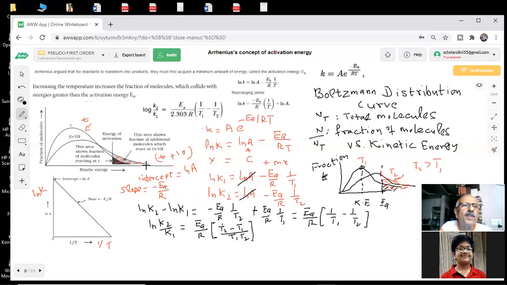So let me put another color. I can write this as log of K2 by K1 is equal to EA by 2.303 R, and further you are having T2 minus T1 divided by T1 into T2.